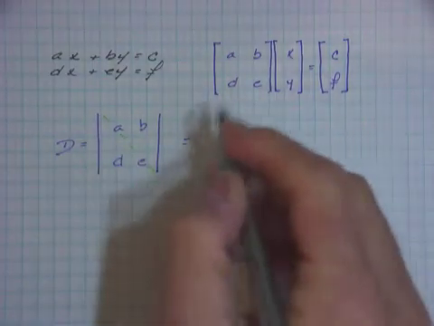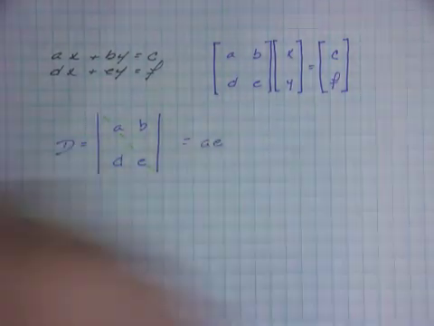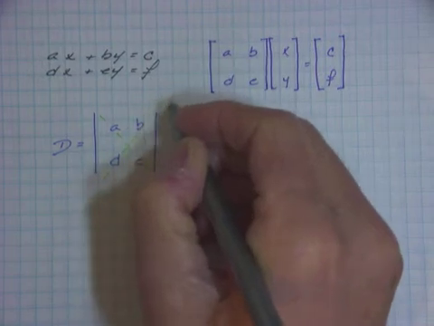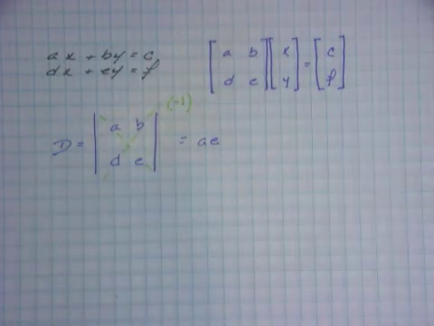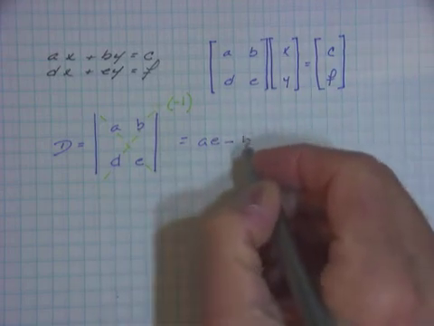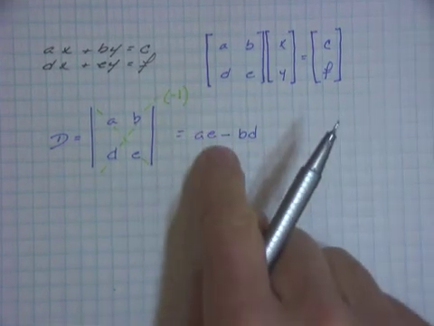Okay, so we've got AE, and then we're going to subtract the product of these. So we've got minus BD.